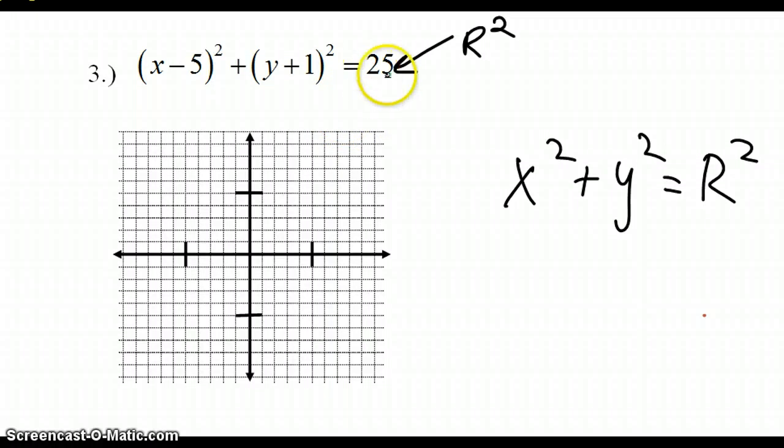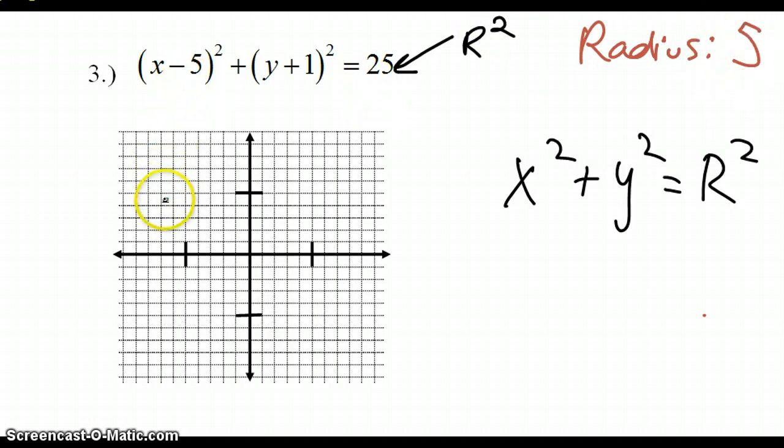Just like 49 was on the right side of our equation in the last one, and 7 happened to be the radius, that pattern is going to stick. So if you see something in a format like this, the number on the right side of the equal sign is the radius squared. That means the radius for this circle will be the square root of 25, which is 5.